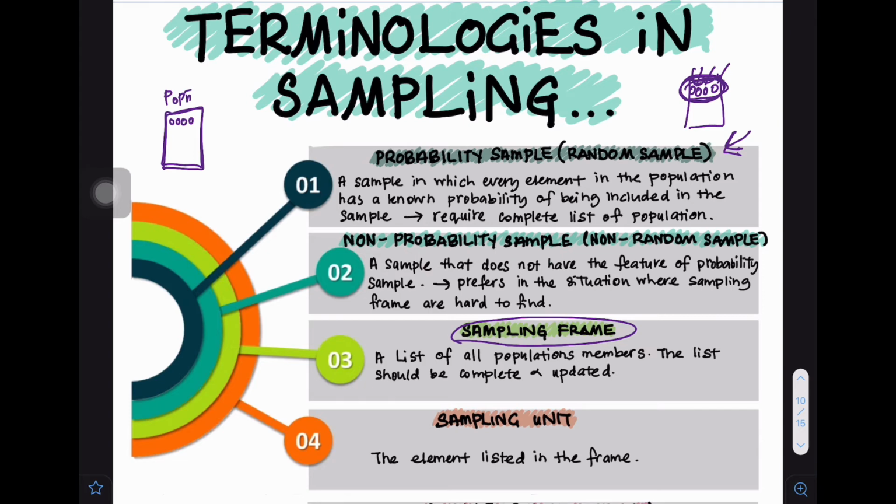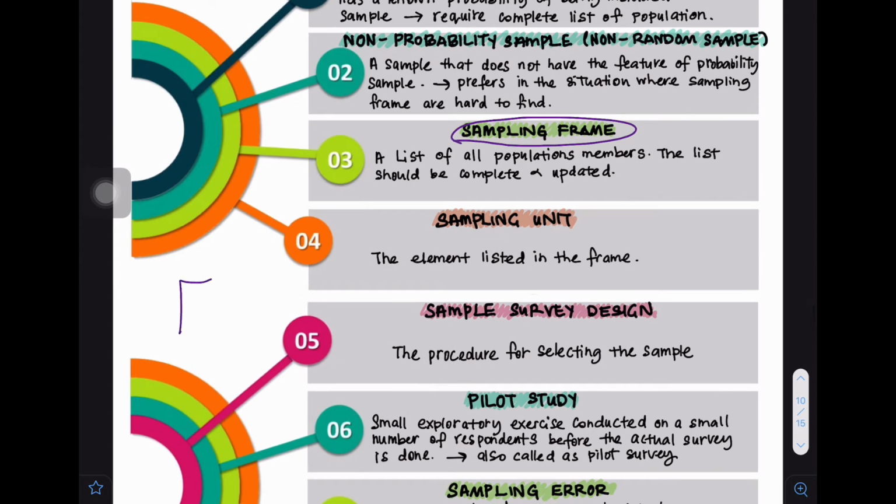Sample yang kita ambil daripada population tu adalah non-probability sample. Kenapa? Because ada member dalam population tu yang mungkin tak dipilih because kita tertinggal untuk listkan dia dalam sampling frame. Okay, contohnya population sebenar ada 50 orang.